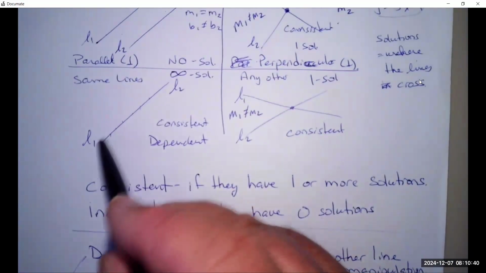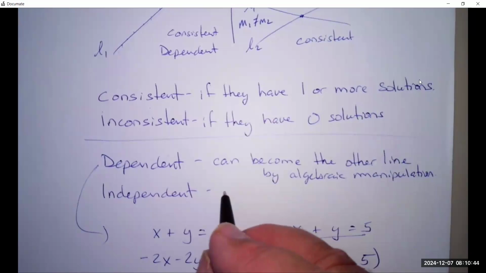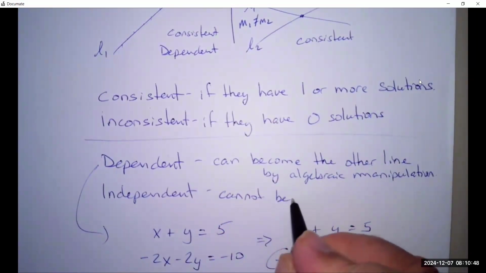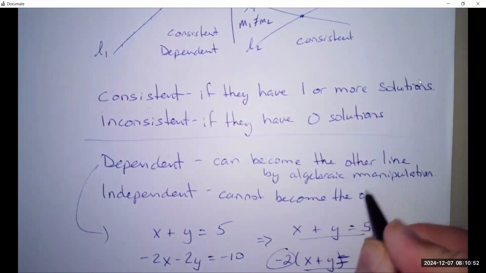If they eventually become the same equation, they're dependent. If not, they cannot become the other equation.